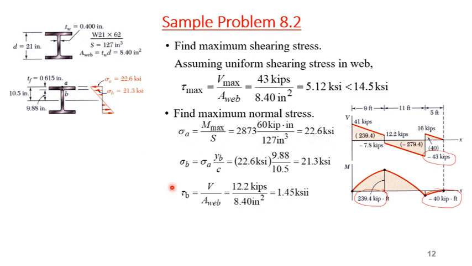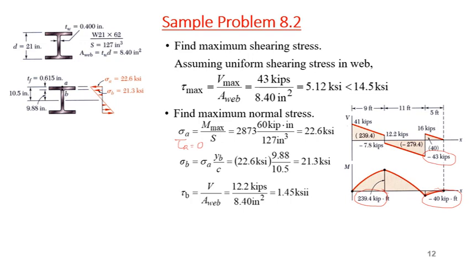Okay, and if you look at B, that becomes 21.3 ksi. But tau at A will be 0 because it's the top surface, whereas tau at B will not be equal to 0.